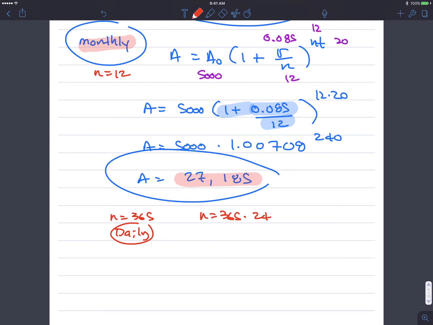Ooh. How about every minute? Oh my god. And 60 minutes. How about every second? Oh my god. 365 times 24 times 60 times 60. This is every second. Do you think our money would grow bigger if we got paid every second? Yeah, the bigger the end, the better.